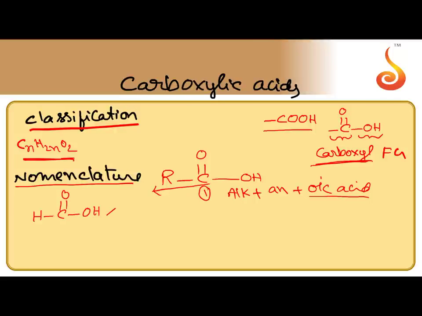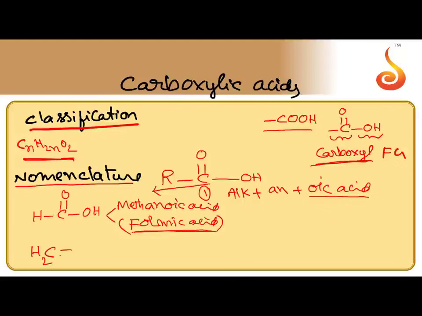Okay, coming to the first member of the carboxylic acid family, the root word is meth, primary suffix is ane, oic acid: methanoic acid. The common name is formic acid, since it is obtained from formica, red ants. So based on the sources, trivial names or common names are given for carboxylic acids.